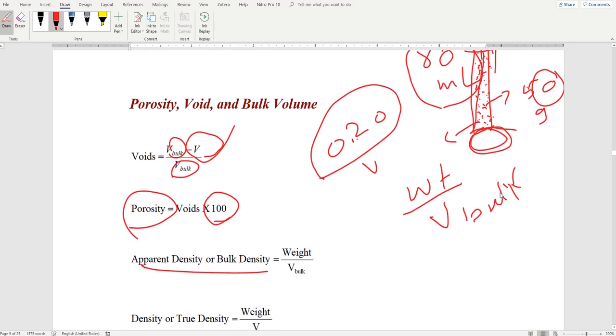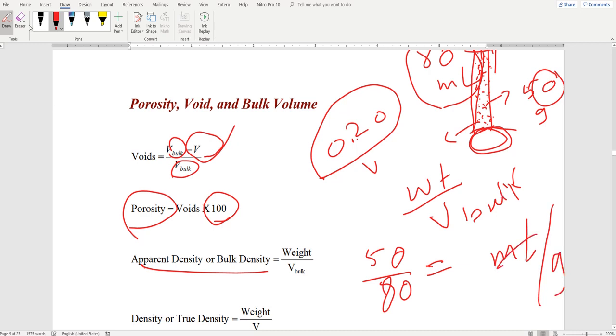In this case 50 divided by 80 and we will get the answer. And the answer will be in which unit? Gram, because it's weight, gram divided by ml, because it's 50 gram divided by 80 ml.